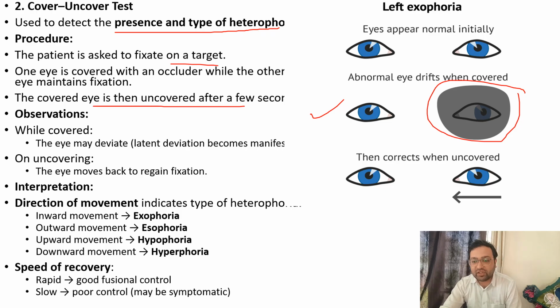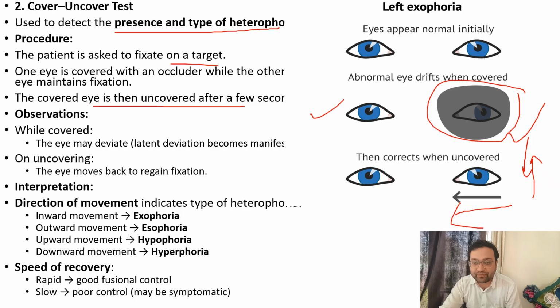Now here the occluder is on the eye, that is the eye that is covered. Now when we remove the occluder, if the eye moves inwards, meaning on uncovering there is inward movement, then this eye is in exophoria. The direction of the movement after uncovering indicates the type of heterophoria.